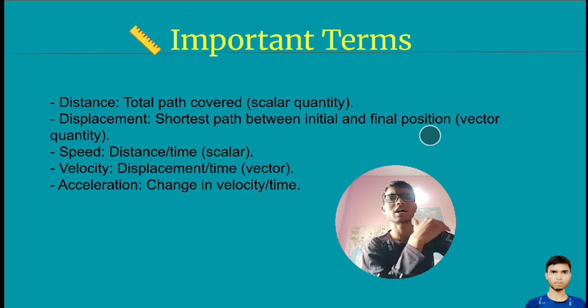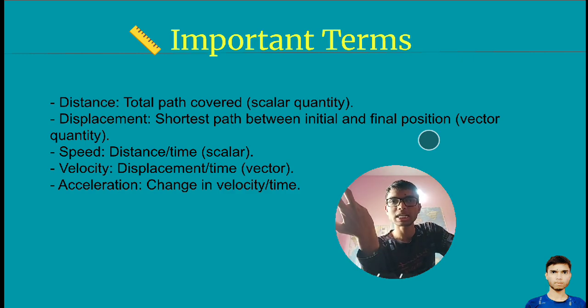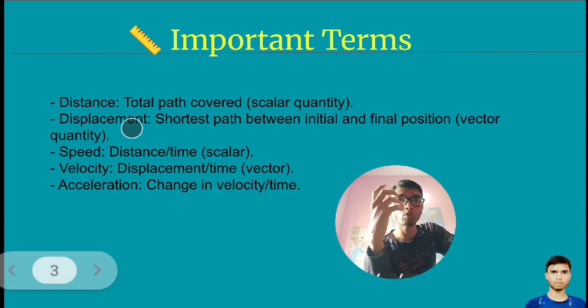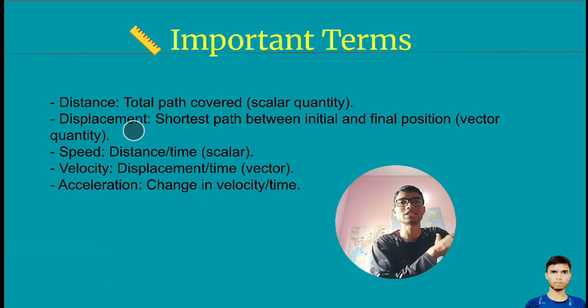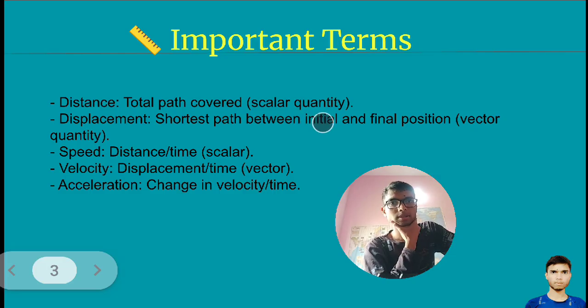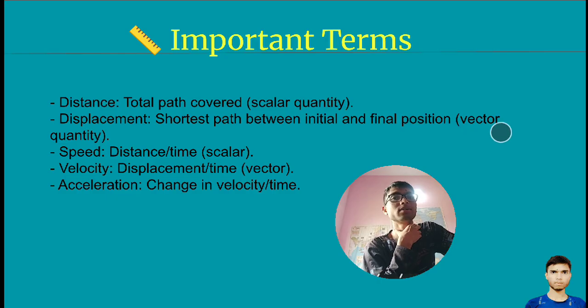Vector quantities are those quantities which have magnitude as well as direction. When you are calculating displacement, you will have to indicate a direction. Then you prove that it is a displacement. Clear? Shortest path between initial and final position.